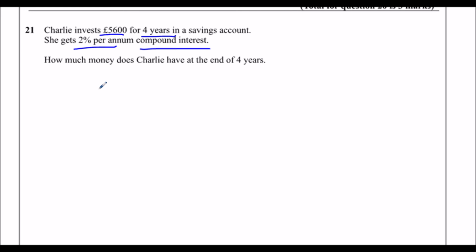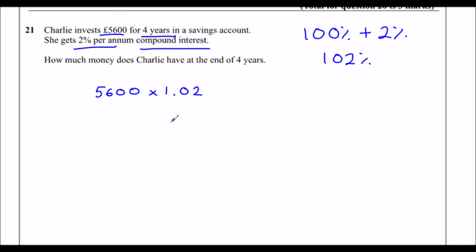So the quick way of doing it, so we've got £5,600. We're going to add on 2%. So that's going to be 100% plus 2%. So at the end of each year, we're going to have 102% of what we had previously. So that is a decimal, 1.02. So to add on 2%, we're going to multiply by 1.02.